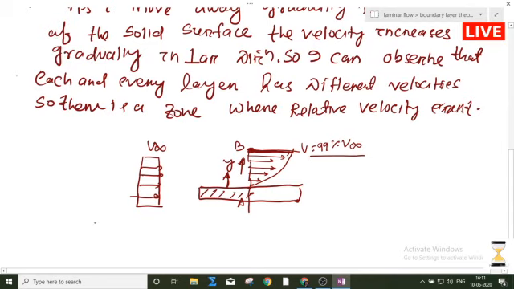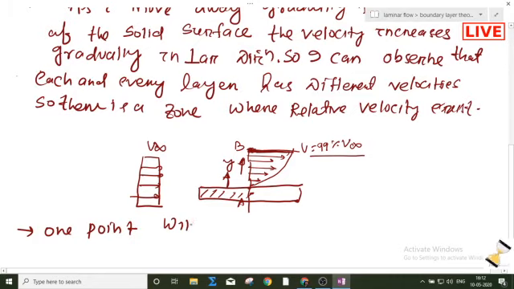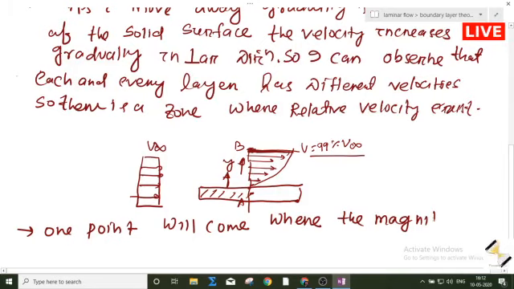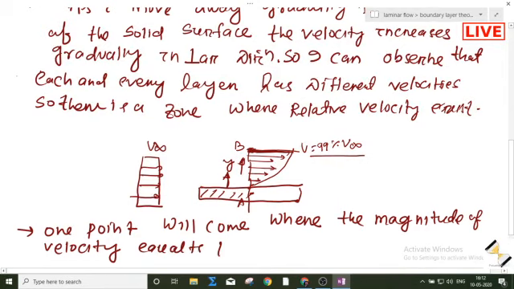So write down the third point: one point will come where the magnitude of velocity equals 99% of the free stream velocity.